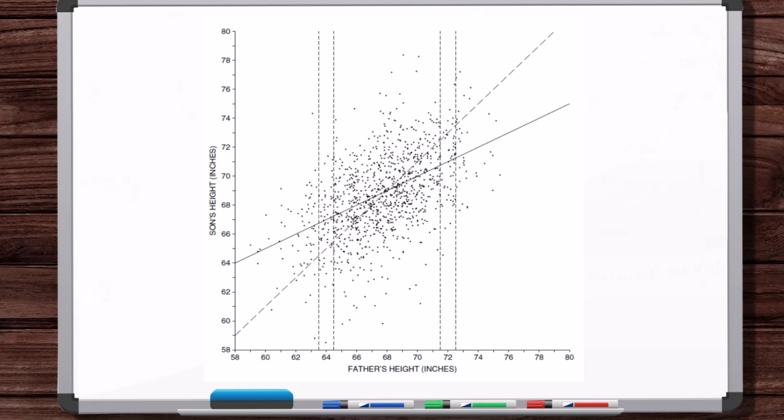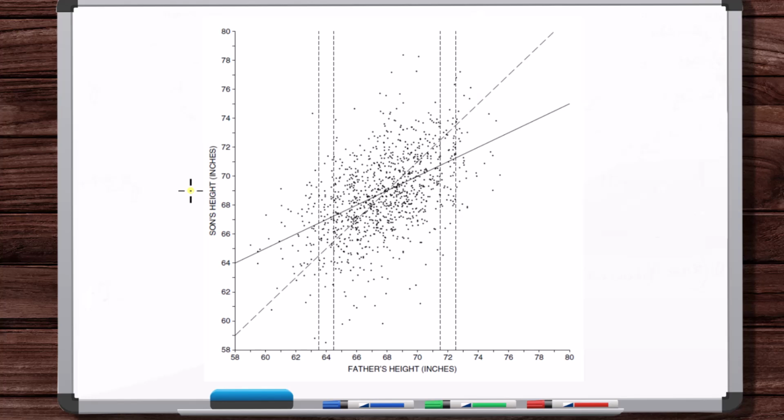So if you came in and you were in the 90th percentile of father's heights, meaning you were taller than 90% of the data points for father's heights, then on average we would expect the son's height to be a lower percentile rank, something like the 70th percentile.